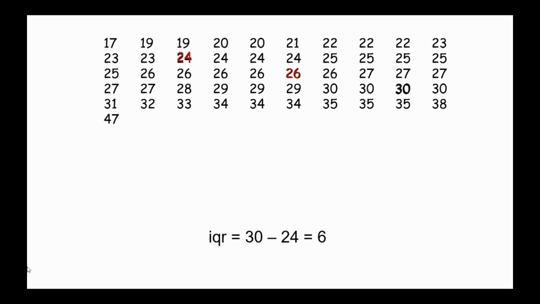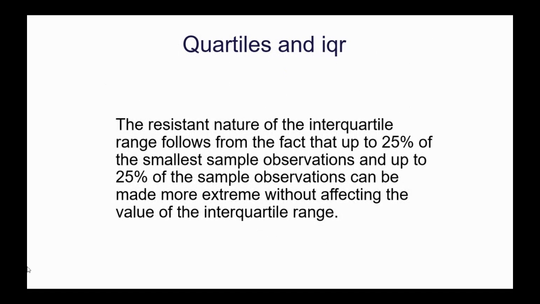Okay, so 2 quick notes, and then I want to talk about that last slide on that extra handout I gave y'all. So the resistant nature of the interquartile range follows because of the fact that 25% of the smallest observations and 25% of the largest observations can be made more extreme without the range being affected.